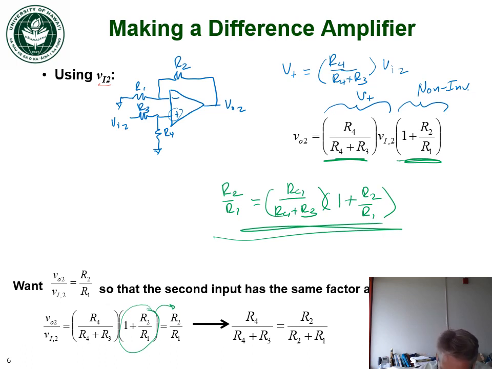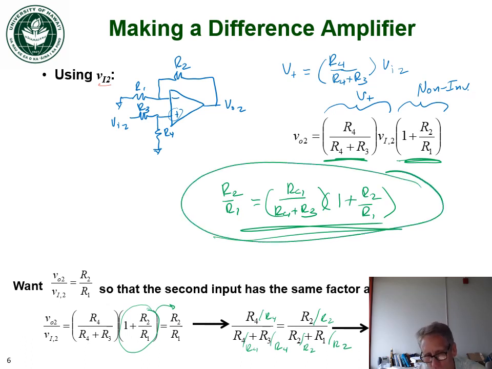Now, if I were to divide each term here by R4, and each term here by R2, in other words, just multiply numerator and denominator by 1 over R4 on the left and 1 over R2 on the right, what we end up with is that if we set R4 over R3 equal to R2 over R1, then this condition becomes true.